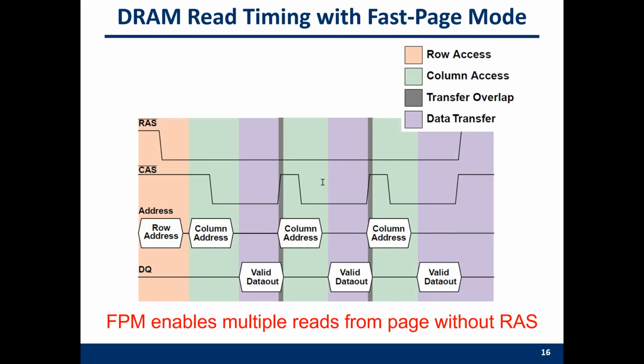This line assumes your application behavior is very good, with very strong spatial locality. You just need one single row, so you won't have to select the row again. You access different columns of data in the row. In this case, if your data can hit in the same row, the latency will be shorter.